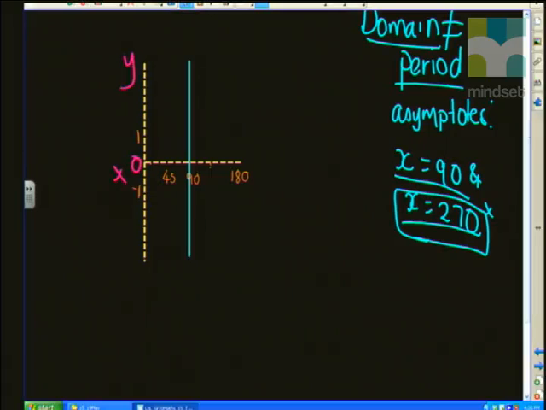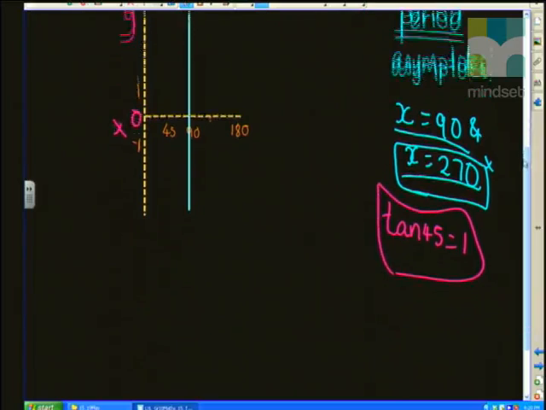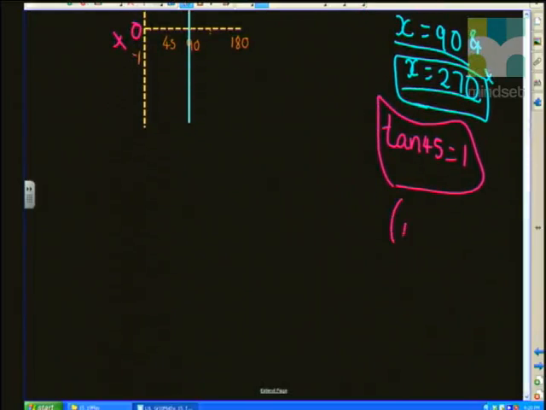All right? Remember, an important point on your normal trig graph is tan of 45 is equal to 1. This point, this coordinate, you need to show on your sketch graph. Remember, it's a sketch graph, so you're not doing point by point plotting.